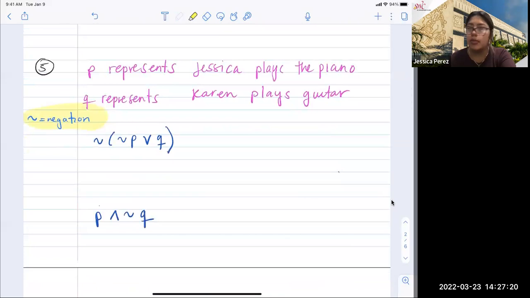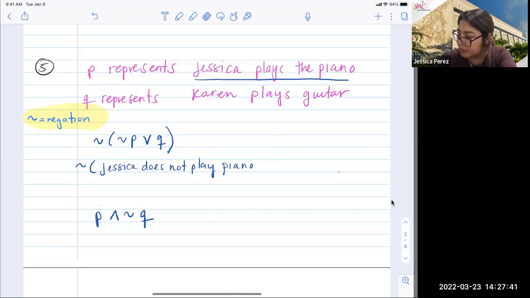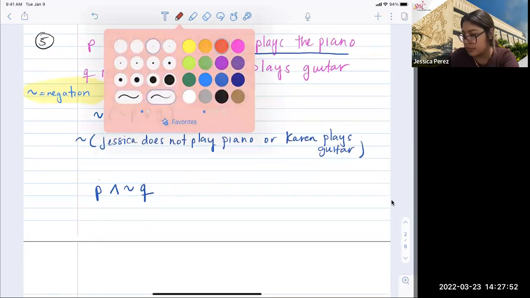So we always work inside out. The inside is a negation: we're negating P, so Jessica does not play the piano, and or Karen plays guitar. And then we're going to negate the whole statement.